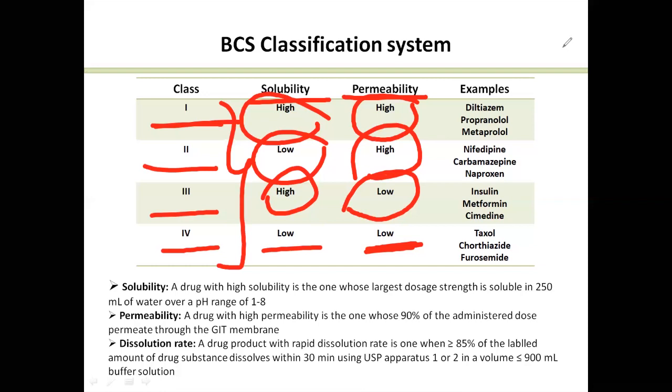Suppose I have paracetamol, and the maximum dose that I can give at one time. Paracetamol tablets are already available as 500 mg tablets, 650 mg tablets, and there can be higher tablets also.